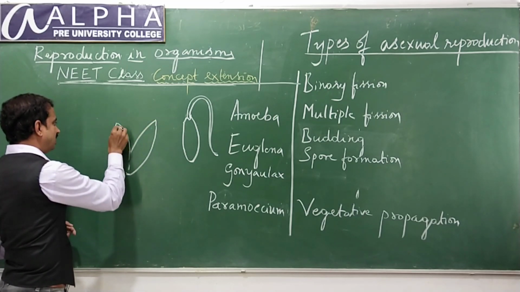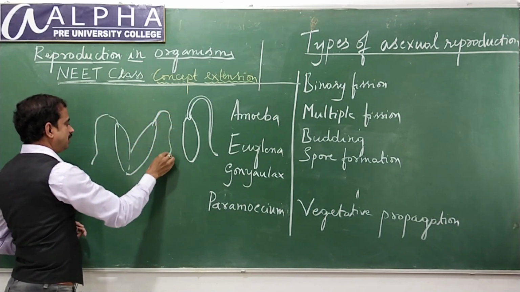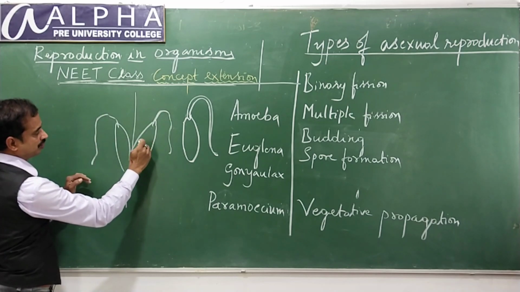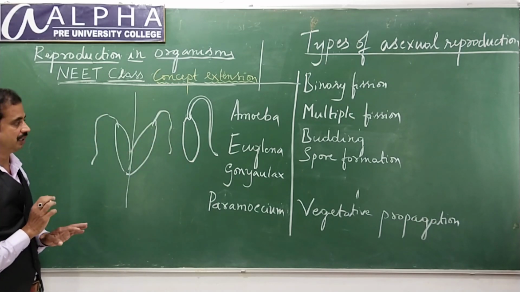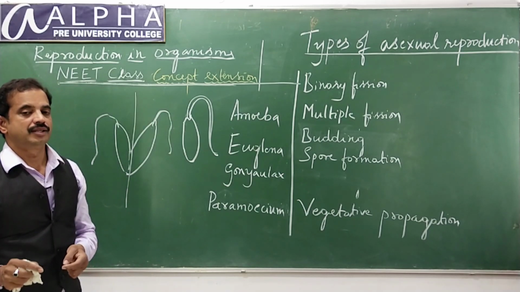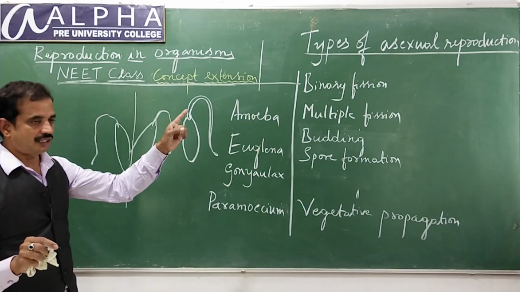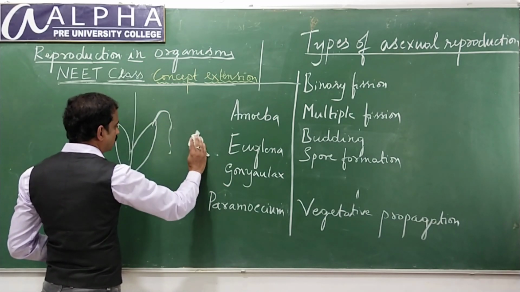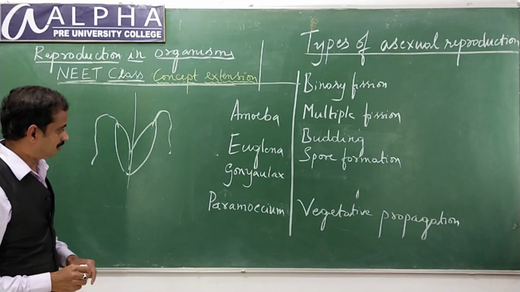The euglena divides like this, it splits longitudinally like this. This becomes one euglena and this becomes another euglena. So amoeba divides by simple and irregular binary fission, whereas euglena divides by longitudinal binary fission. You have to remember this.